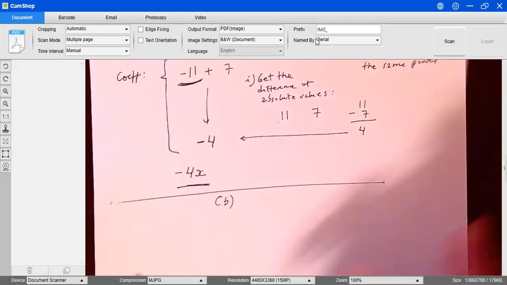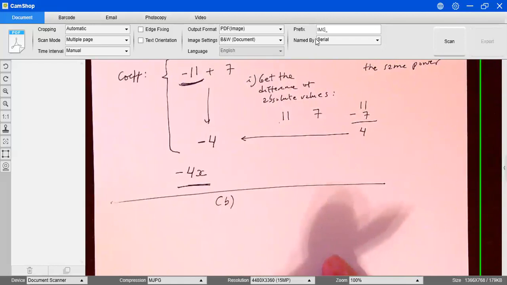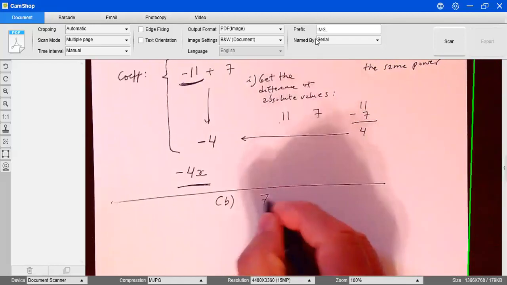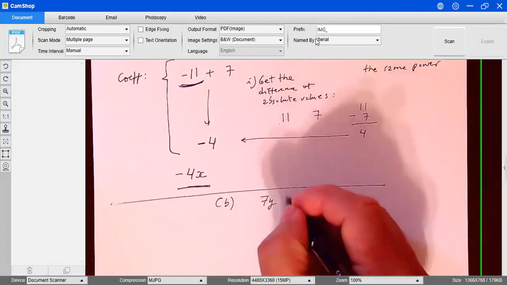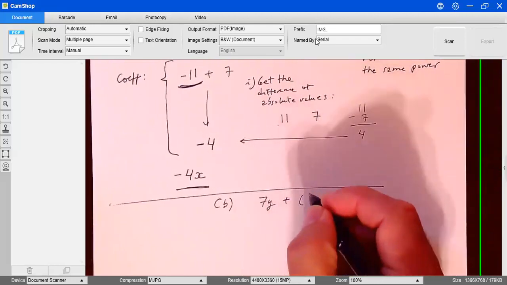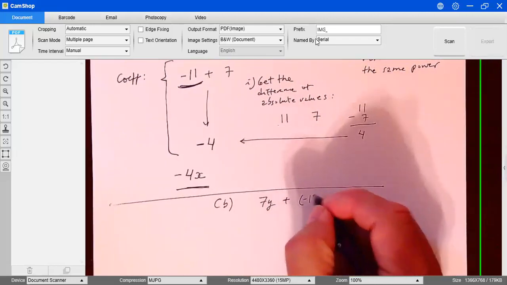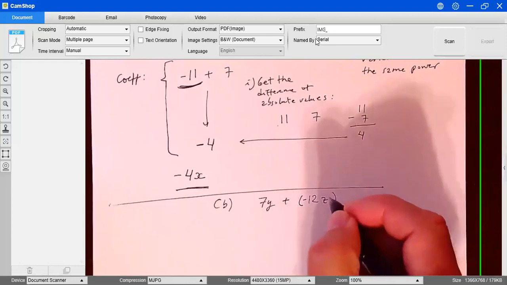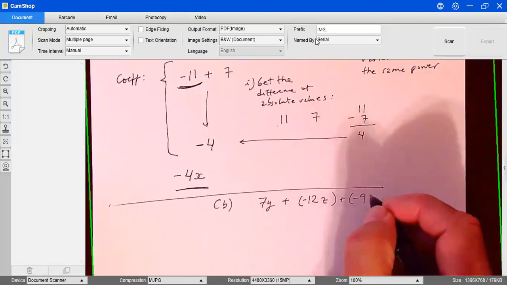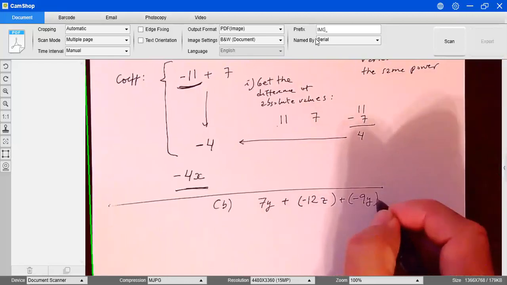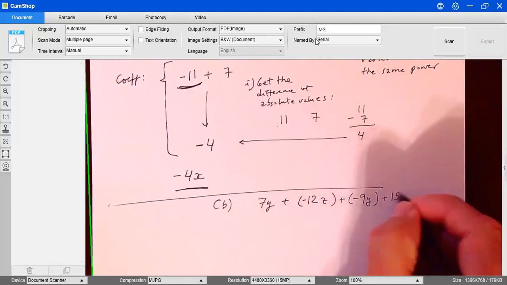Now let's work on the second part. The second part is 7y plus negative 12z plus negative 9y plus 15z.